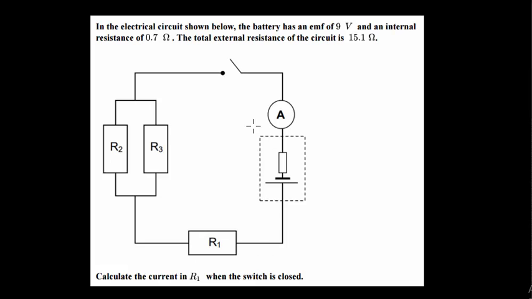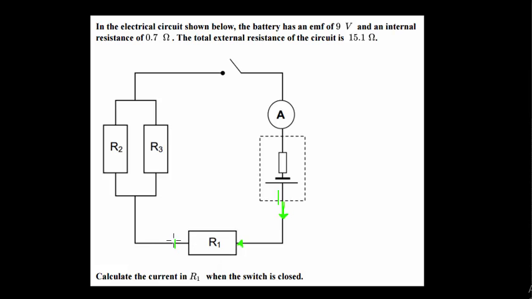Notice the circuit, and as the current flows, we've got the total current leaving the battery, and as it comes along we notice that the total current is flowing into R1.